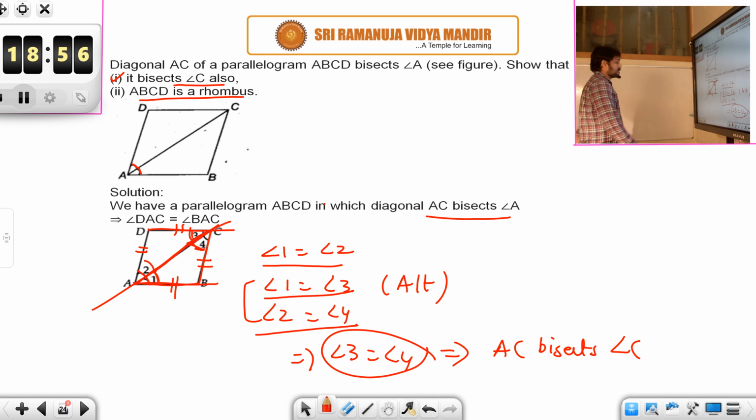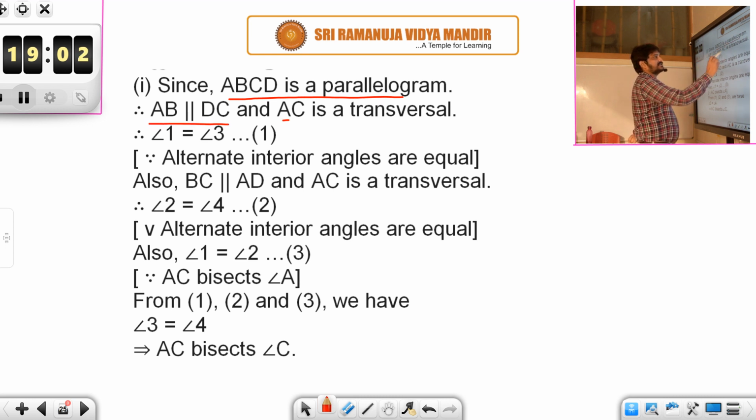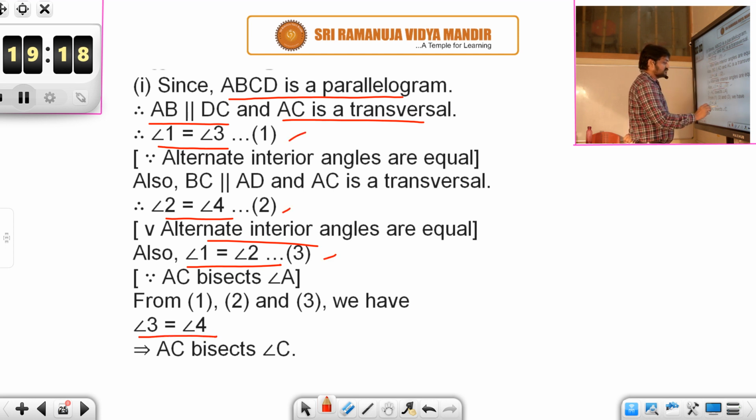Okay, students. Since ABCD is a parallelogram, AB parallel to DC and AC is a transversal, you could prove that angle 1 is equal to angle 3. Similarly, angle 2 is equal to angle 4. Again, use the same thing, alternate interior angles. And given angle 1 is equal to angle 2 because the diagonal bisects angle A. So from these three equations, you will show that angle 3 is equal to angle 4.